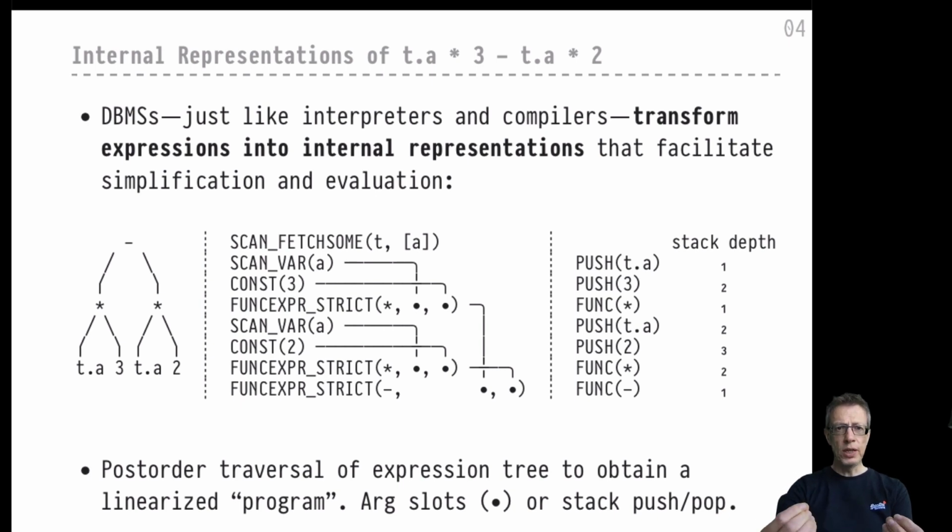Here's really where the interesting intersection between database technology and interpreter and compiler technology comes into play. So RDBMSs will use internal representations of expressions that are just the same as they are used by, say, interpreters.